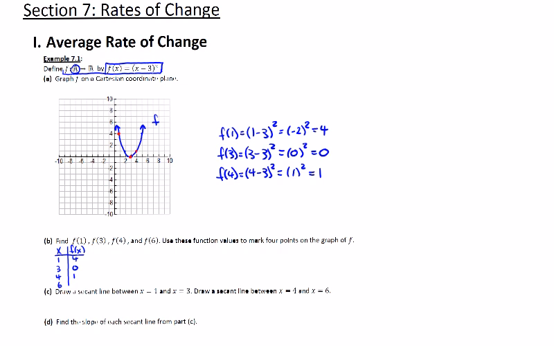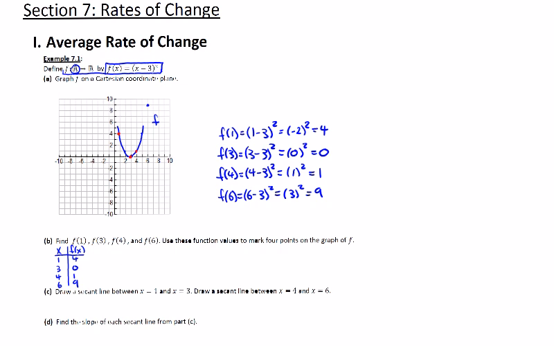And the last point that I'm looking for, f of 6. (6 minus 3) squared will be 3 squared, giving us 9. So 6, 9. Now this one I didn't already have because I only drew a portion of the parabola that I'm used to drawing. So let me go ahead and erase these arrows and put a point at 6, 9.